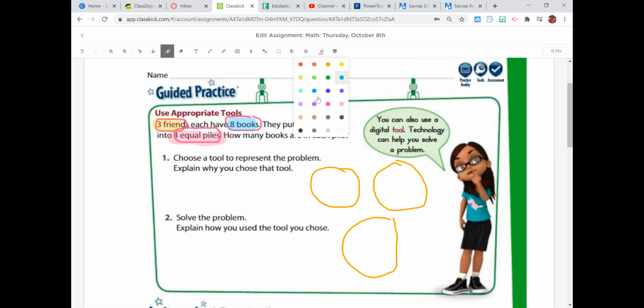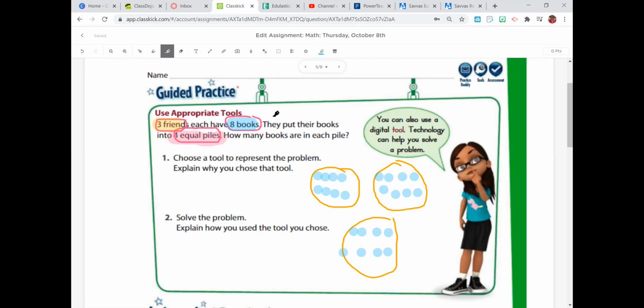I'm going to give them each 8 books. 1, 2, 3, 4, 5, 6, 7, 8. Okay, I have my first sentence. Like I said in problem solving, I like to check off after I complete one of the sentences.